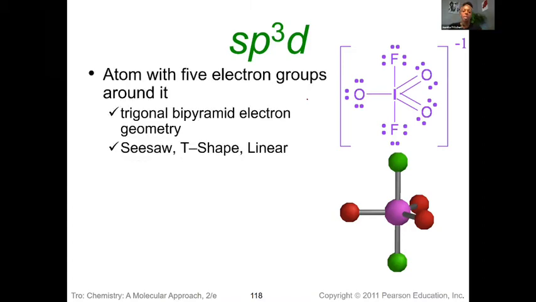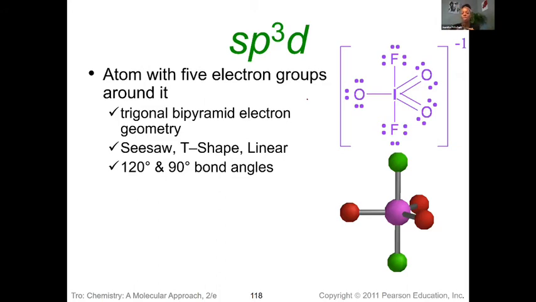So what happens is, especially in these molecules that are in the 3rd energy level or higher, remember, when you're in that 3rd energy level, well, now you have these unhybridized or unoccupied d orbitals that are also available to you. And so in regards to how we create our hybrid molecule, we're going to be pulling all of our s's, all of our p's, so that gives us 4 equivalent orbitals, but then we're going to bring a d into play to give us the ability to make 5 additional orbitals.